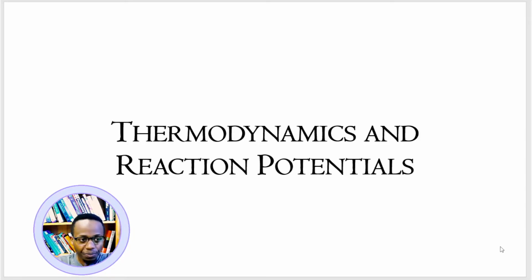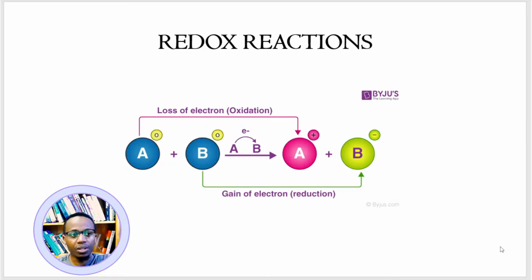All right, so first of all, when you're talking about reaction potentials, we talk about redox reactions. What are redox reactions? These are reactions that are paired, and they are paired with oxidation and reduction. All right, so we need to know what oxidation and reductions are.